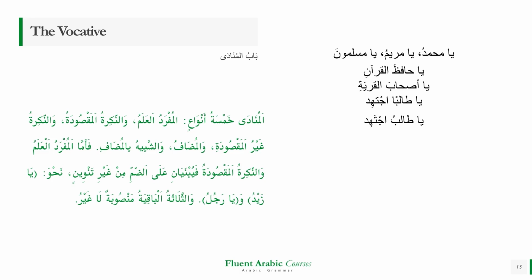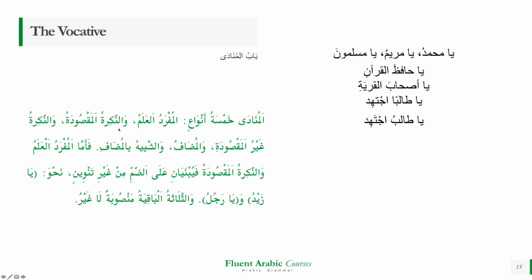Ya talibu is when you're talking about the student in front of you, specifically ya talib, or student. But if you want to use student in general, ya taliban. For example, you want to say ya taliban ijtahid, or student work hard, and you're addressing all students and not one in particular. That is the nakira al-maqsuda and ghair maqsuda.